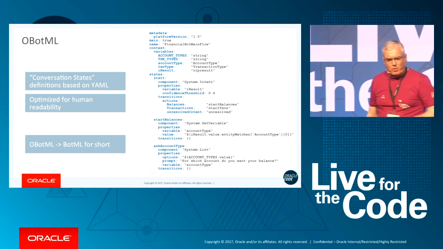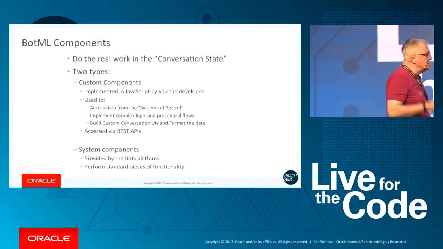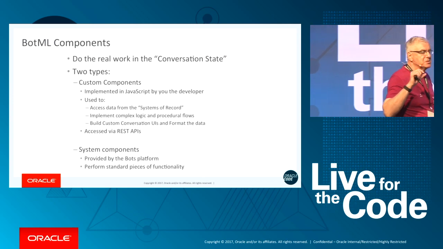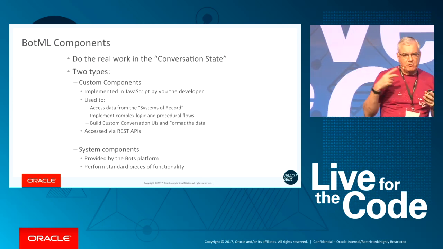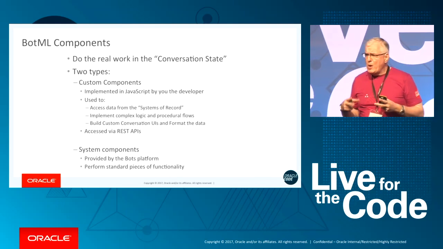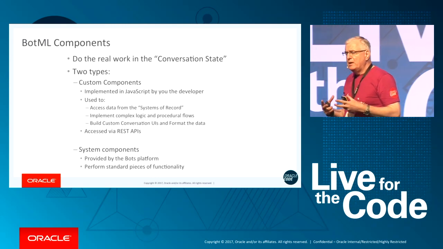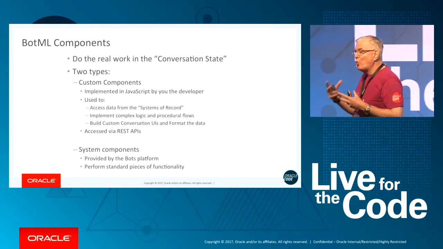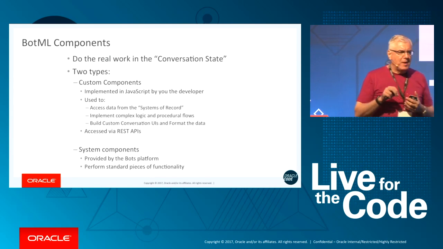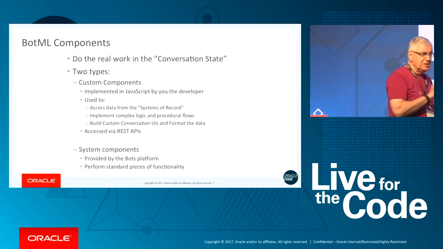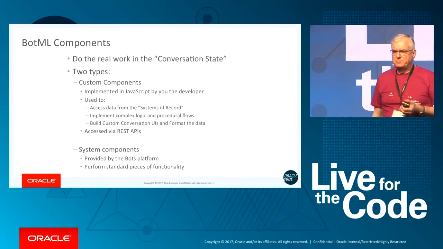So what is this BotML? Well, basically, what we're looking at is a series of these components that really do the hard work for us. And there are really two types. One lot that we design ourselves as a developer, and that's what we use to actually talk to the back end. Now, one of the points you should make with a bot, and we get asked this question all the time, does your bot answer this question?